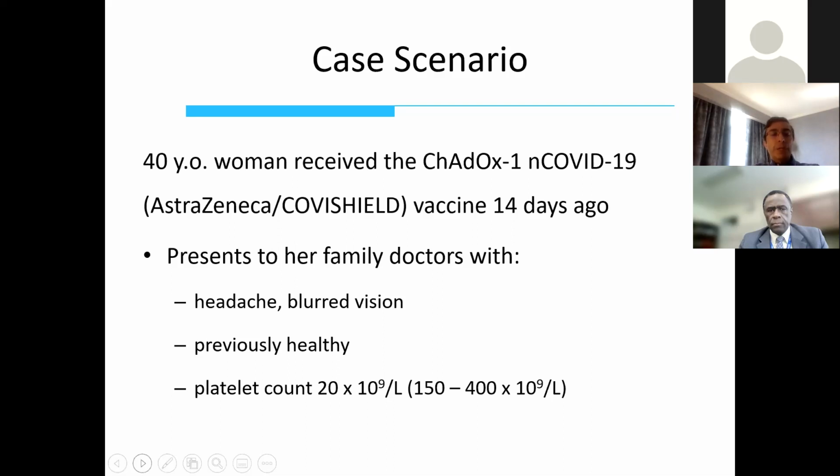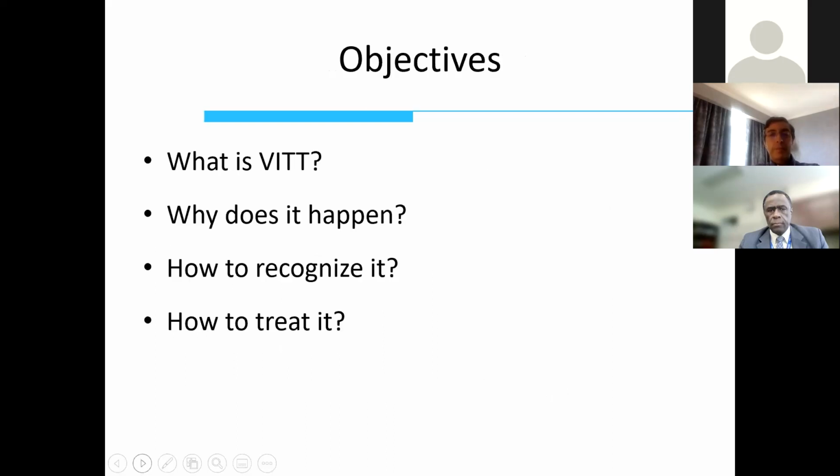The typical patient initially would describe blurred vision and headache accompanied by severe thrombocytopenia. A normal platelet count is between 150 and 400,000, and severe thrombocytopenia is defined as less than 30,000, and that patient had 20,000.